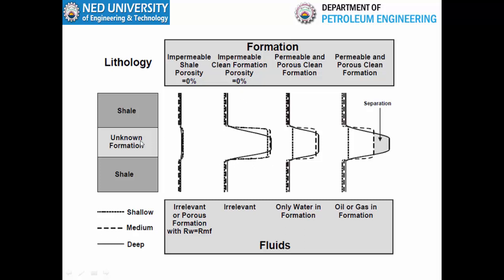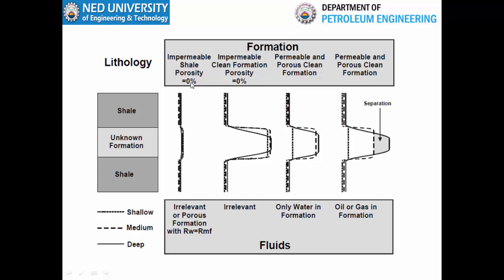So if the unknown formation is a clean formation and has 0% porosity, its resistivity will be high, and since it is impermeable, all three curves will be overlapping. And if the unknown formation is shale, the three curves will be overlapping at a low value.